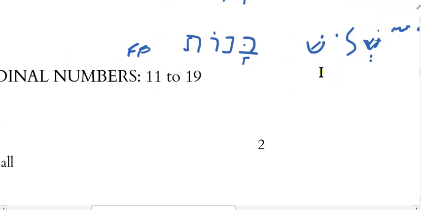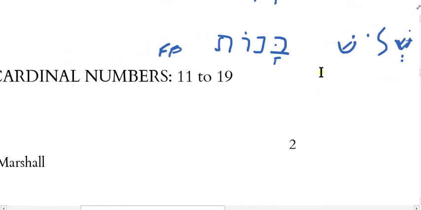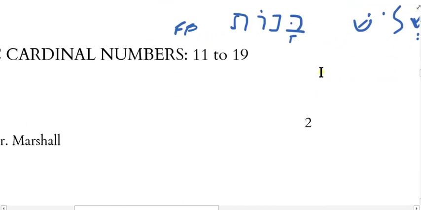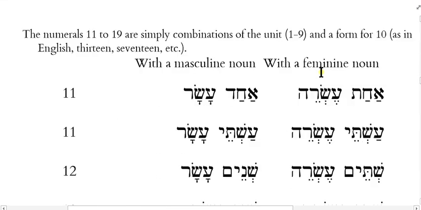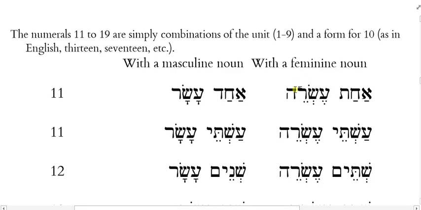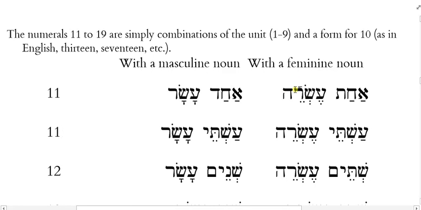Okay? Now let's look at the next item here, and this is cardinal numbers 11 through 19. So what we have here are the numerals 11 through 19. These are the cardinal numbers. And the way to form them in Hebrew is simply to do almost what we do in English. If I want to say 7 plus 10, how do I say that in English?